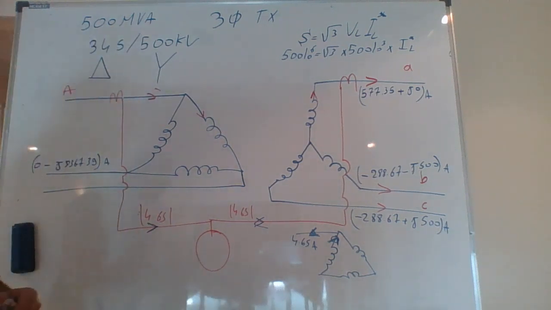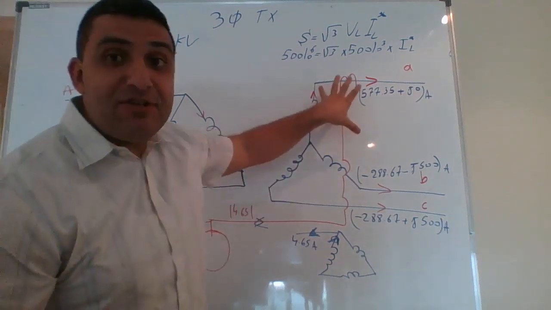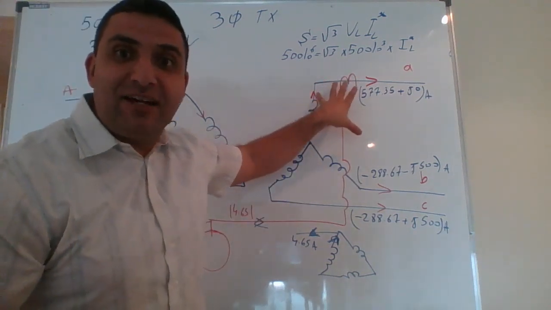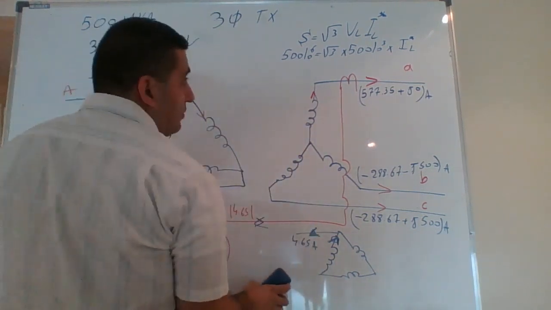So therefore, I need a CT that has a secondary output. Remember, secondary phase output, because this is a delta current. I need to design a CT now based on this system.